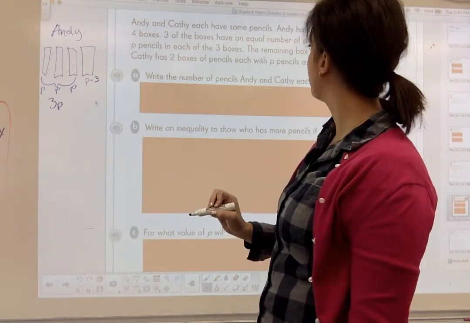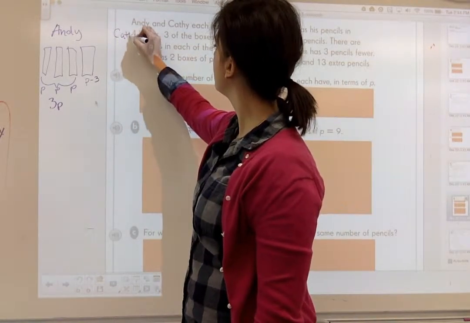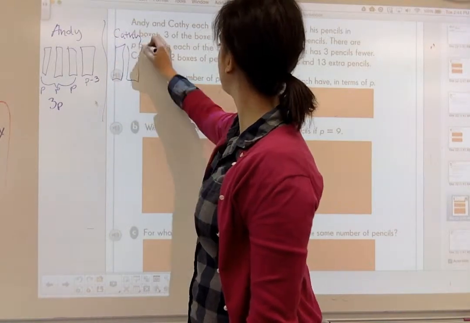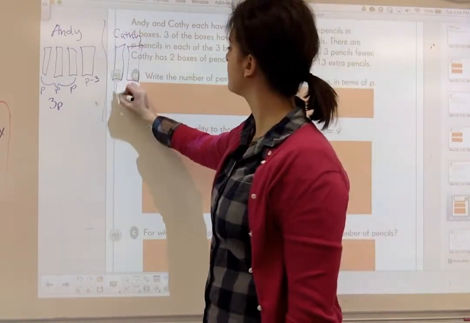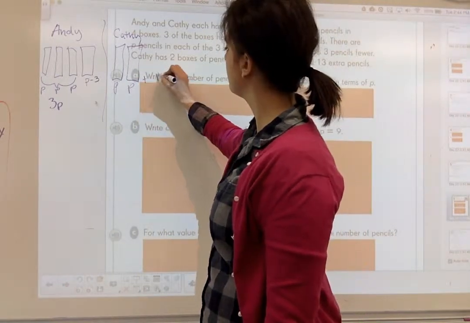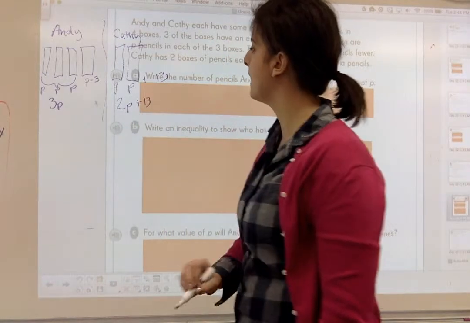Then we have Kathy, and Kathy has 2 boxes of pencils, each with P pencils in it. And then she has 13 extras. So she has 2P plus 13, okay?